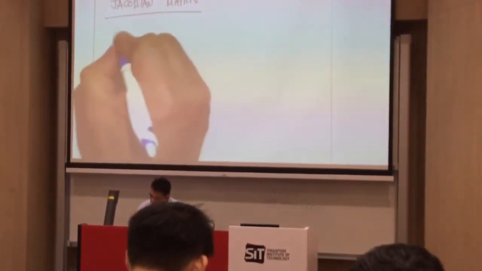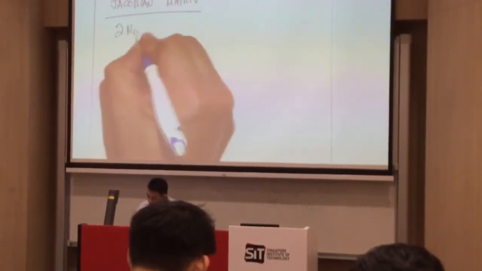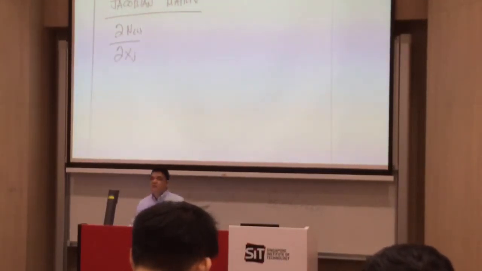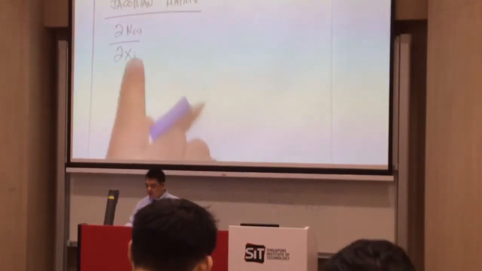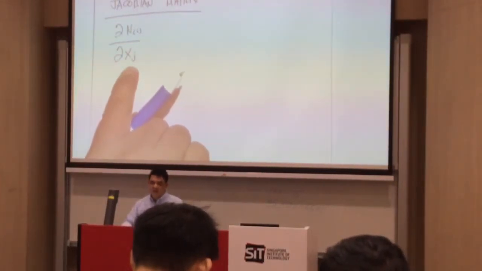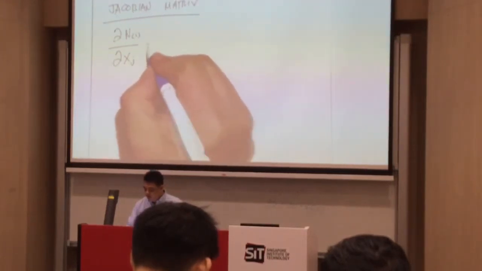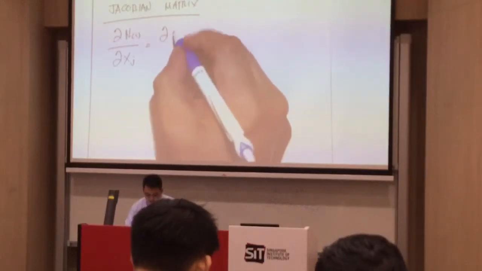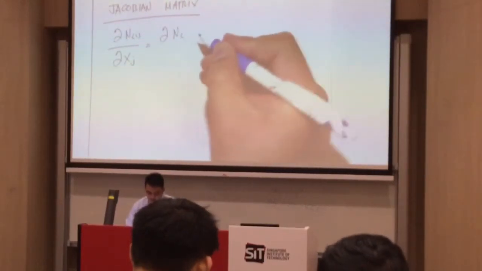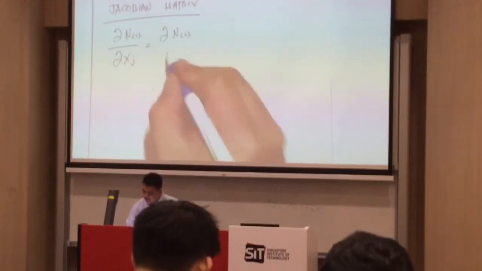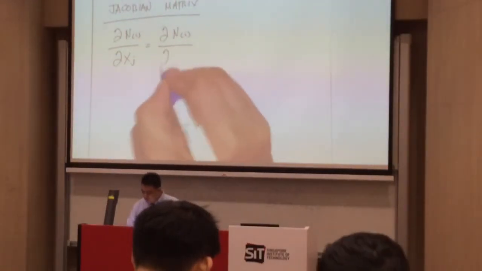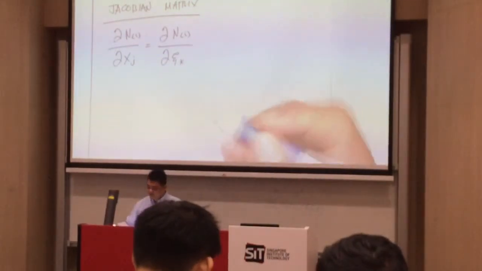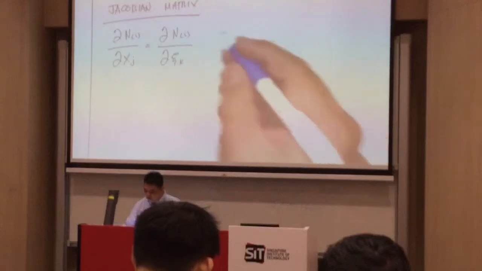Previously we have your shape function with respect to x, the partial of N with respect to x. So by chain rule, we can have this to be the partial of Ni with respect to xi, which will be ck. It doesn't matter, you can use p or m or n.